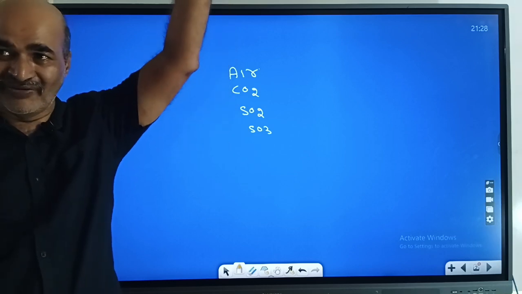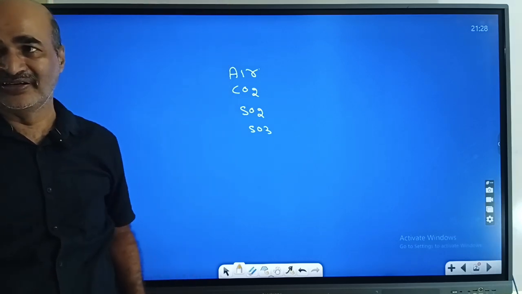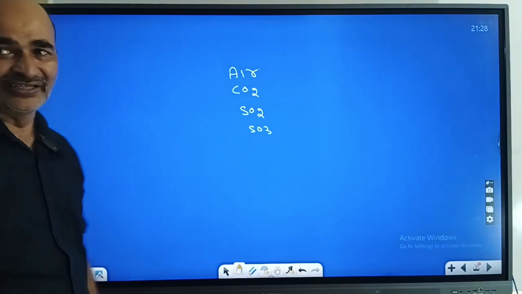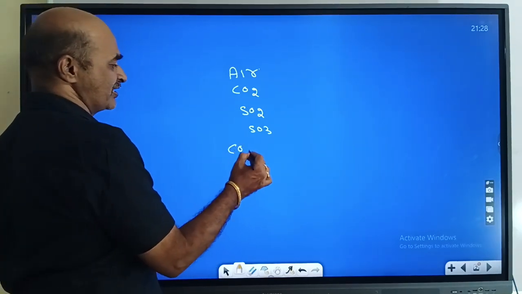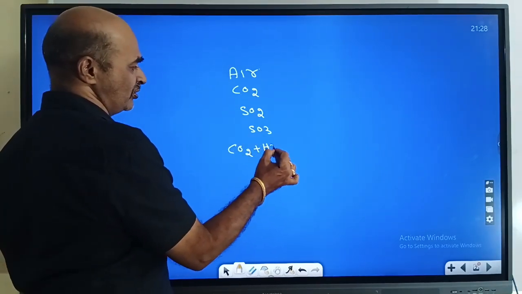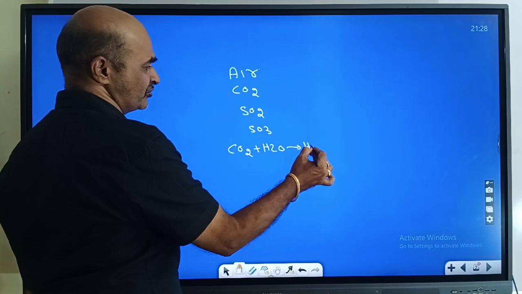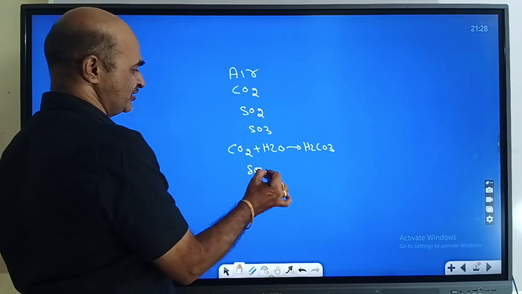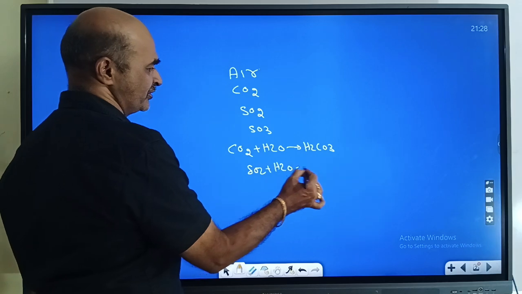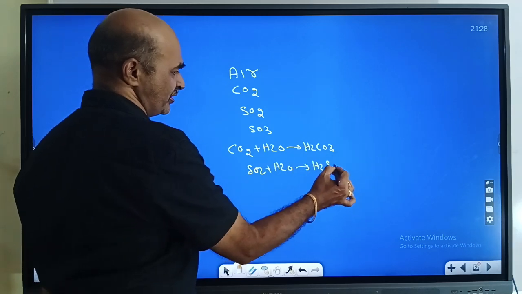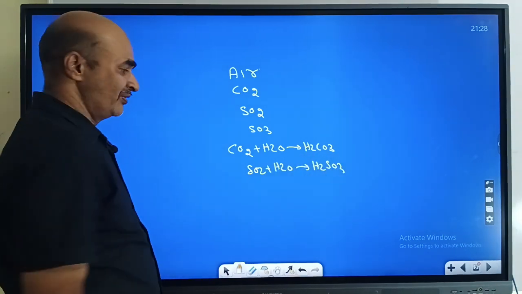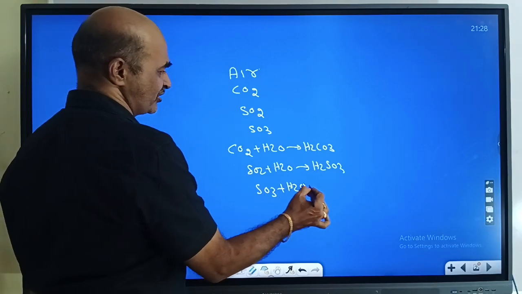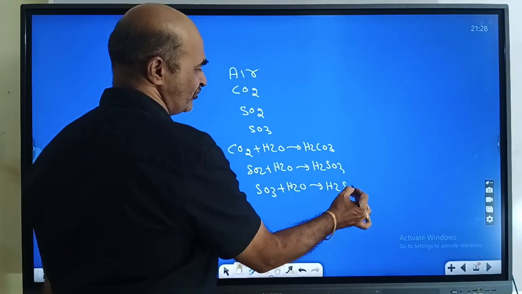When water comes as rain, these gases are dissolved in rainwater. For example, carbon dioxide dissolved in H2O gives rise to H2CO3. Sulfur dioxide dissolved in H2O gives rise to H2SO3. SO3 dissolved in water gives rise to H2SO4.